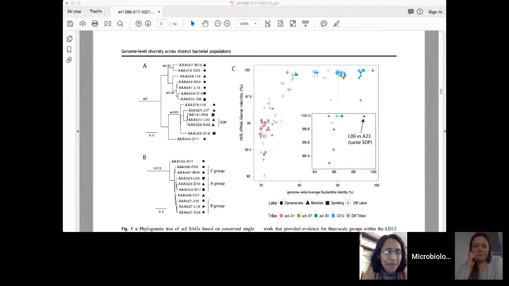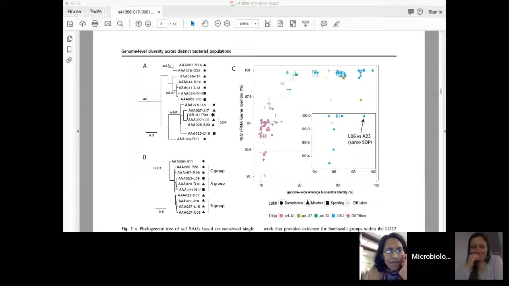Okay, so up here on figure 1A and figure 1B, they're just showing us a phylogeny with some of the representatives of these different lineages within the tribes. And they've got over here, it's L06 and A23, so down in the bottom part of 1A. And they've got a little vertical line, and that's a sequence-discrete population.